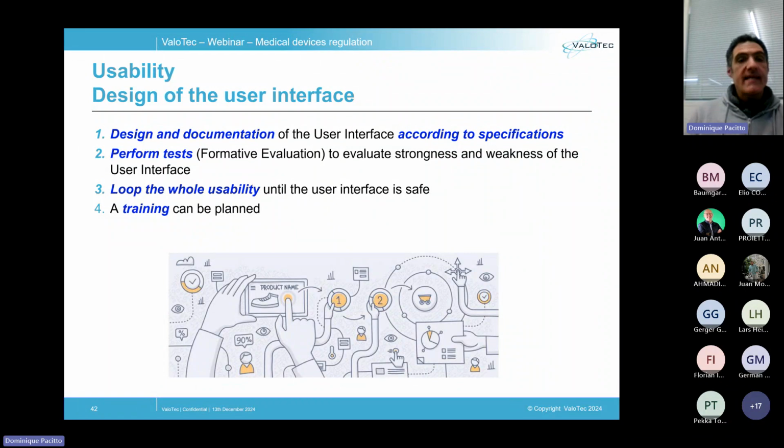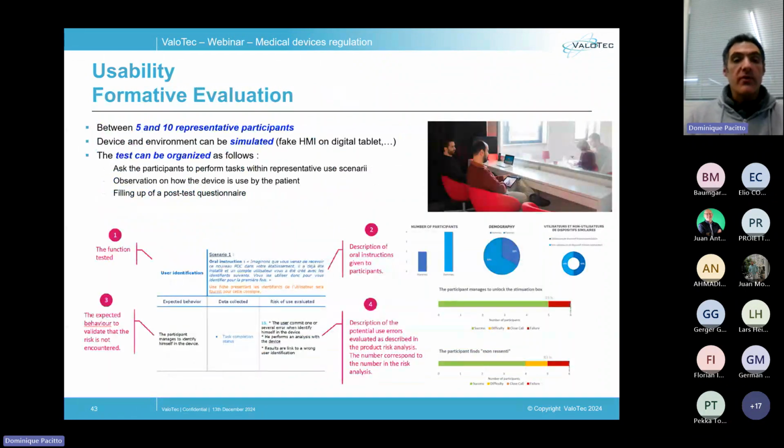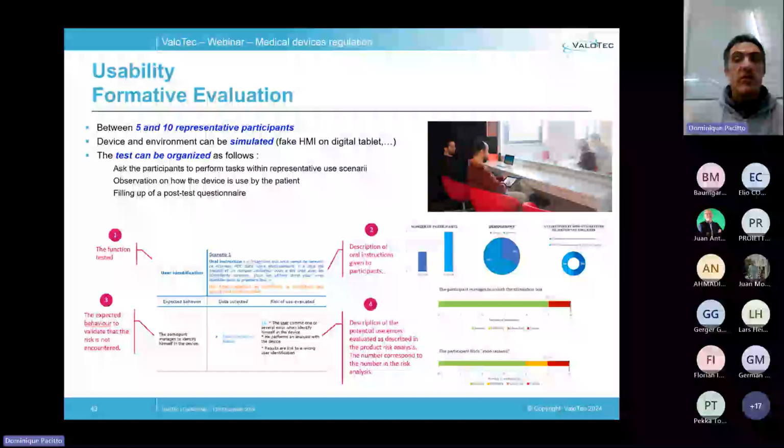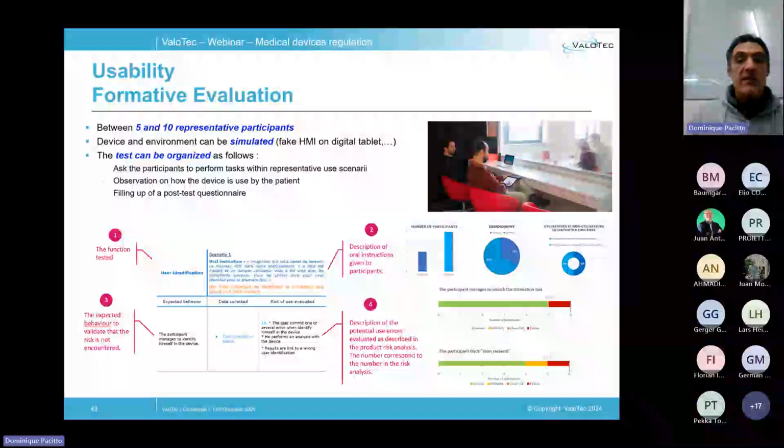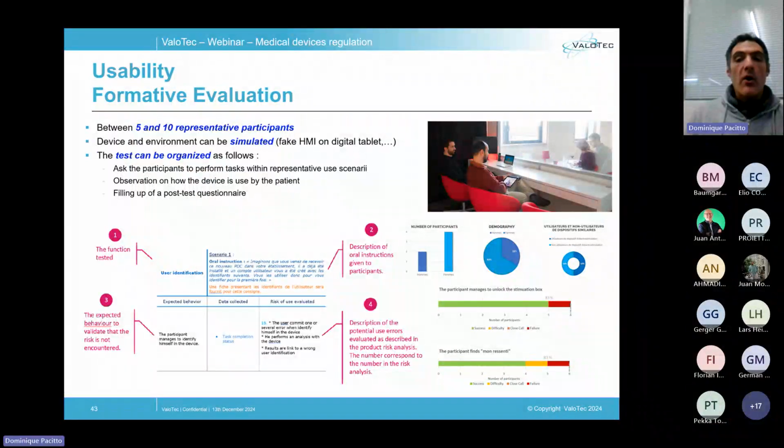So let's detail a little bit more how a formative evaluation is driven. According to our experience at ValoTec, you have to hire between 5 and 10 participants to make your test relevant. 6 seems to be a kind of magic number. We already said that the device and the environment can be simulated, but the persons tested have to be representative of the final users.